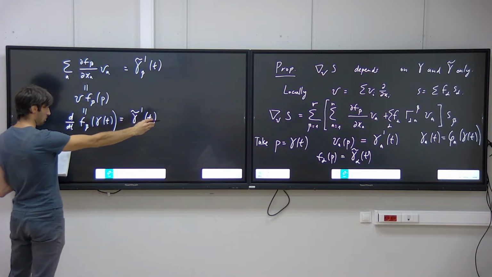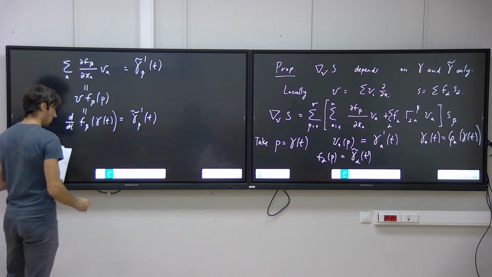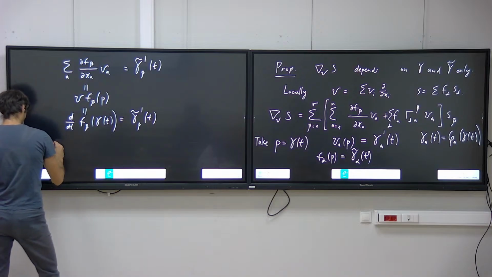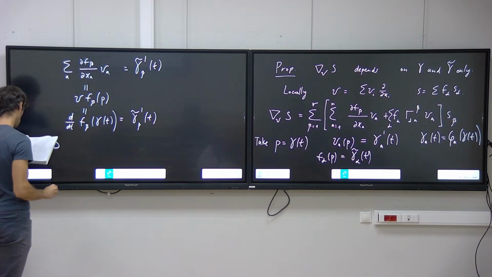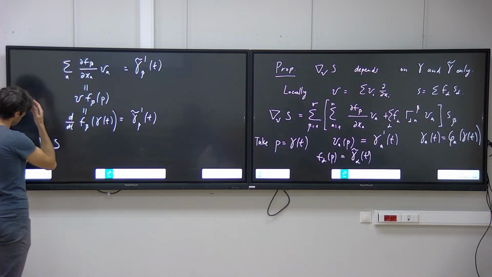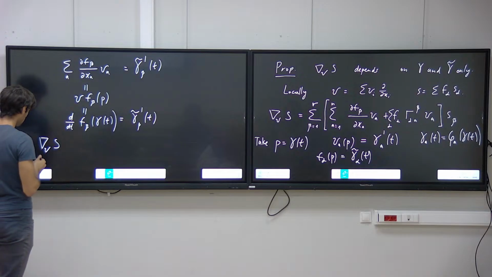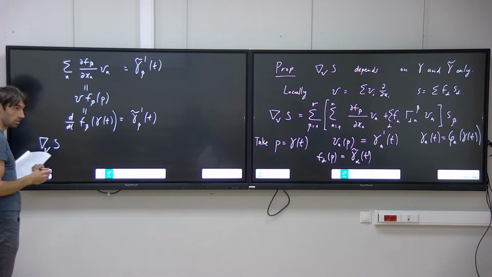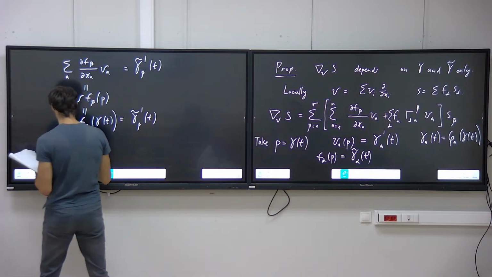But I also want to write this formula that we will use in the future. This is just how covariant differentiation looks in coordinates.